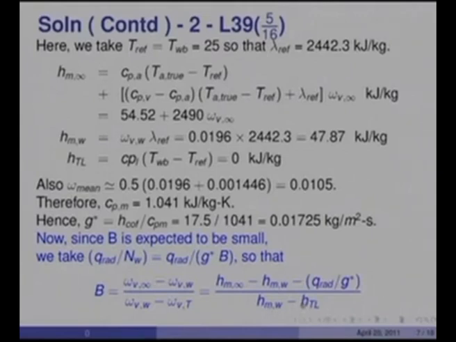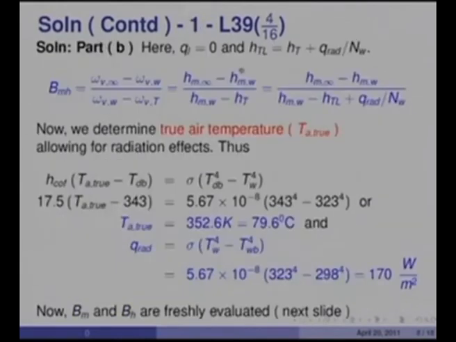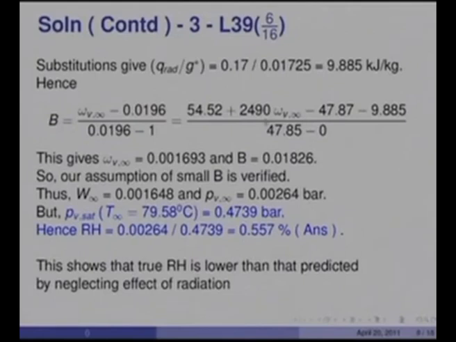Substitution will show on the next slide. Q rad by G star is 0.17 as we calculated here, 170 watts per meter square. So, in kilowatts per meter square, it would be 0.17 divided by 0.01725 equal to 9.885 kilojoules per kg, and therefore, our balance equation would read like that.